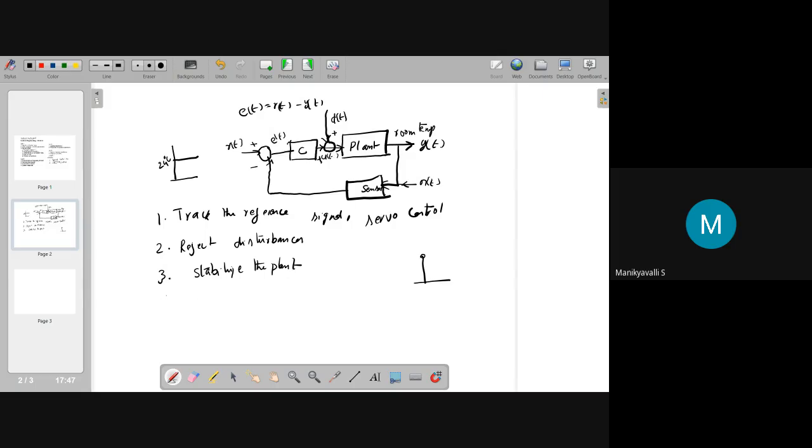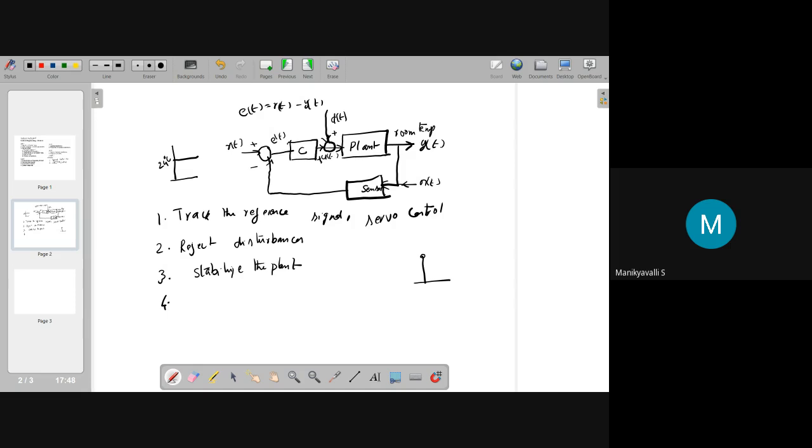Another objective is that you do not always know the parameters of the plant exactly. Sometimes the parameters change with the environment, or with aging, and you may also not measure the parameters of the system exactly.